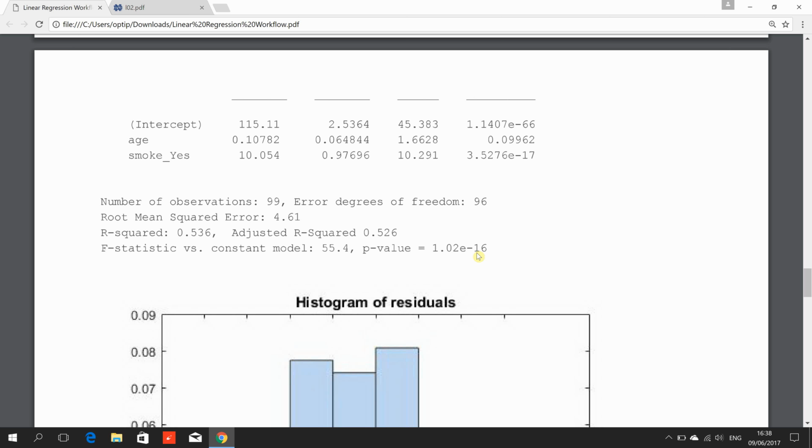So that's very, very small. And normally the significance level is 5% or 0.05. The null hypothesis is they have no effect. Since the probability of that is 1 by 10 to the minus 16, which is way, way less than 5%, we have evidence to reject the null hypothesis. So in plain English, we think at least one, if not both, of age and smoking has a bearing on systolic blood pressure.